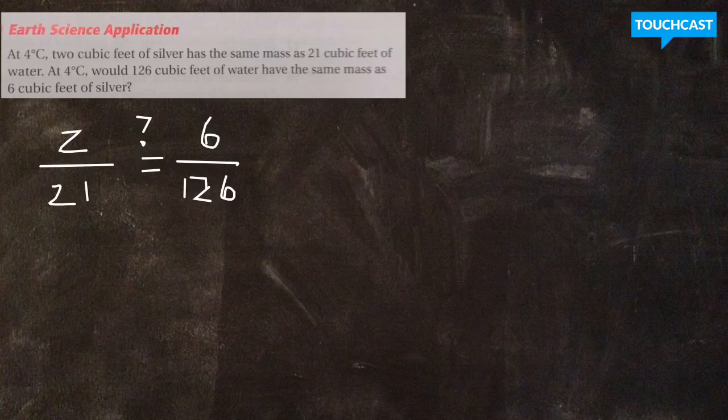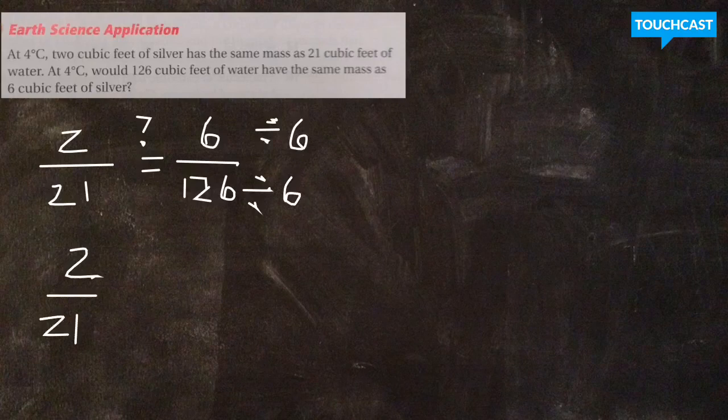One way we can do that is we can simplify both ratios. 2 over 21 is already simplified. So let's simplify 6 over 126. I know that 2 goes into 6 and 126, but is there a bigger number? In fact, I think 6 goes into both 6 and 126. So if we divide both 6 and 126 by 6, 6 divided by 6 is 1. 126 divided by 6 is 21.